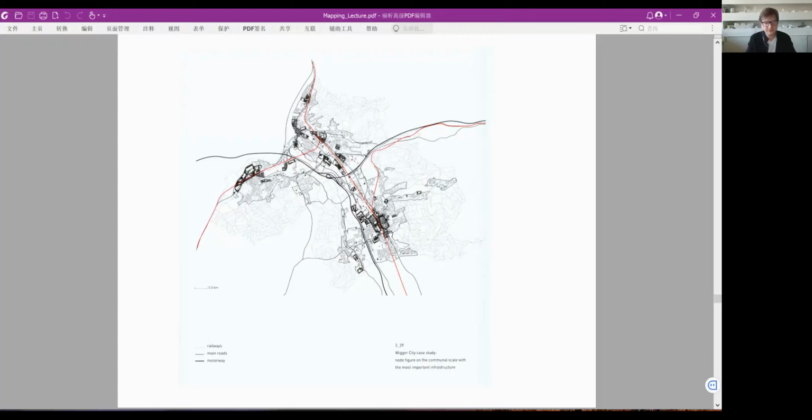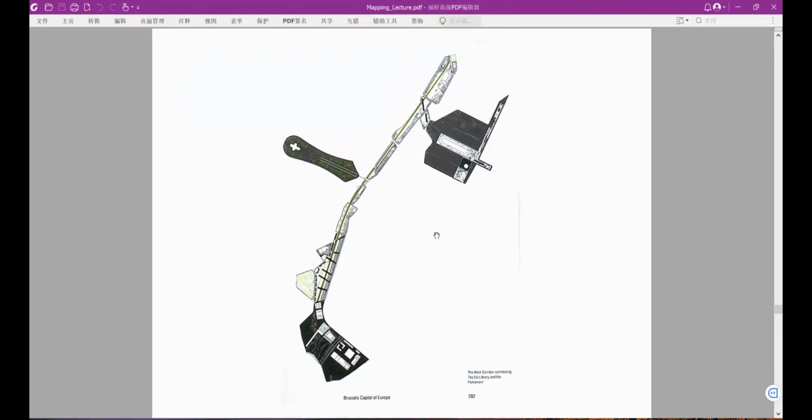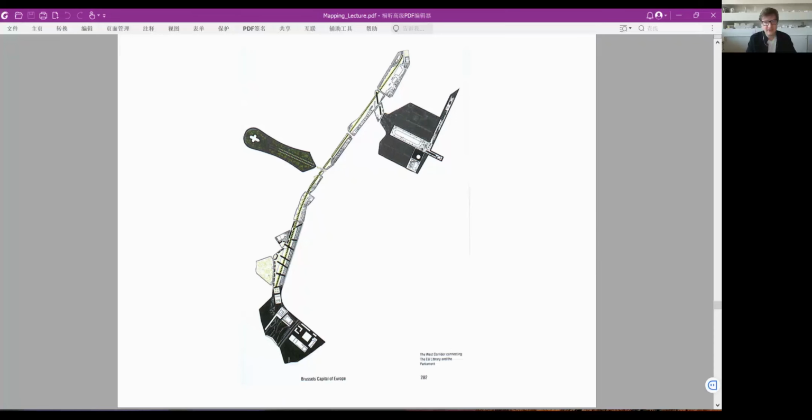Next one. You see the main connection between main administration areas and buildings within the west corridor of the Brussels capital. So the west corridor connecting the library of the European Union and the Parliament. Next one.